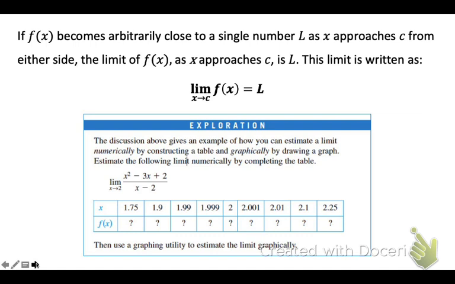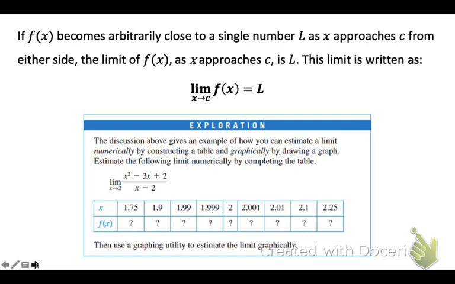So down here it says the limit as x approaches 2 of x squared minus 3x plus 2 over x minus 2. Look at their numbers on their chart. What do you notice about them from the left? They get closer and closer to what? 2. Now could I add another 9 and another 9 and 28 nines? Yes. Am I still 2 though? Nope. What about if I come from the right?